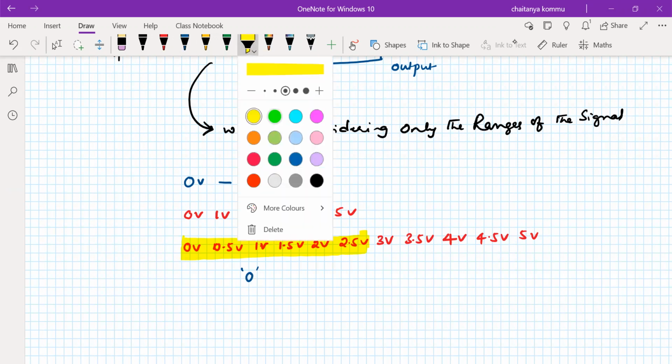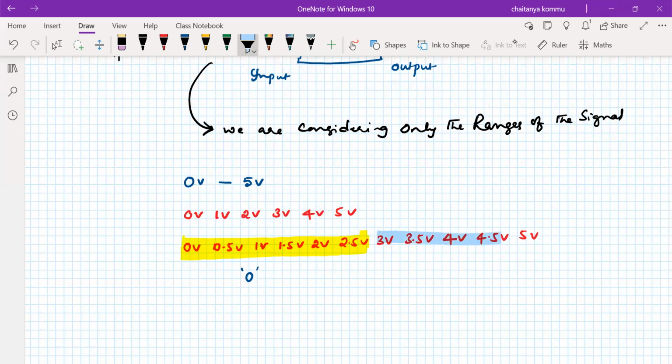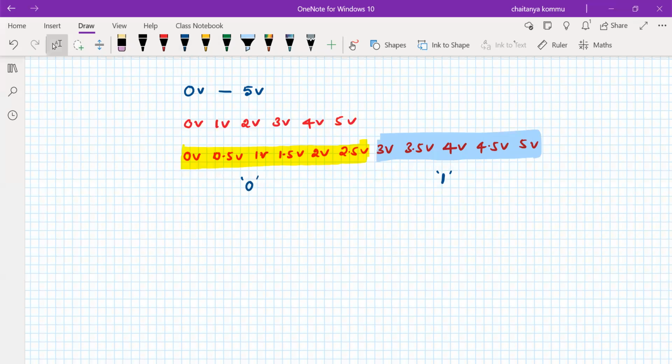Similarly, for a higher range of values, for example from 3 volts onwards, all these we will call logic 1. So I don't want to apply 0 volt, 0.5, 1 volt, 1.5 volts; instead I call it logic 0 that is applied to the digital system.